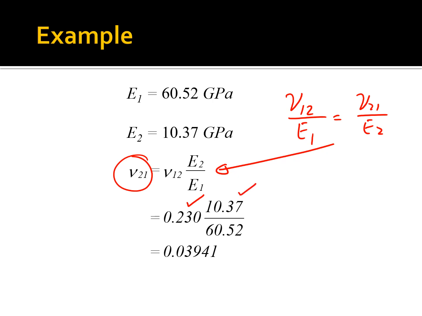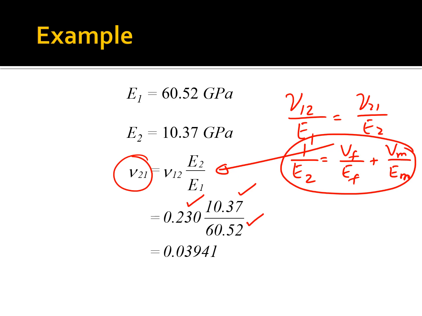E2 is this much and E1 is this much. E2 we found from the formula for the transverse Young's modulus, 10.37, that came from this relationship right here, and that gives us a nu21 of 0.03941. And that's the end of this segment.